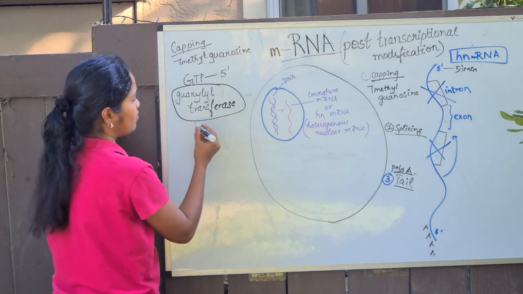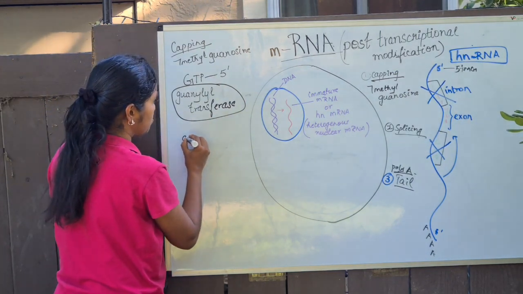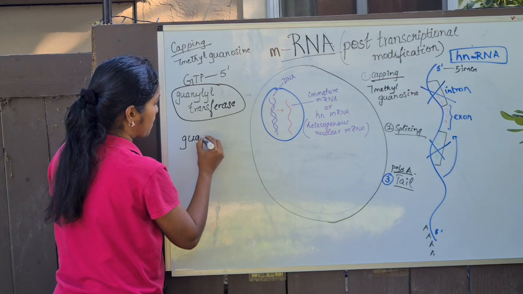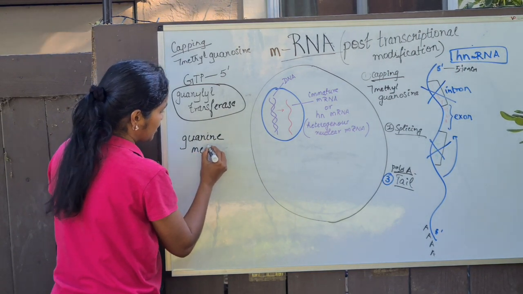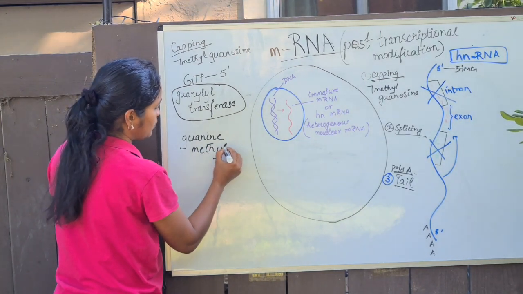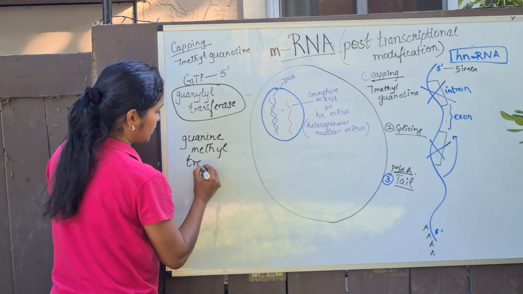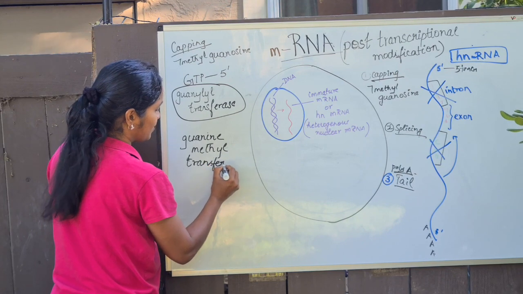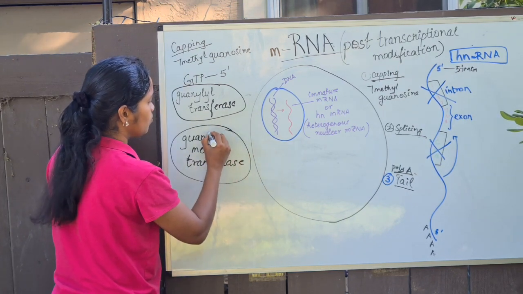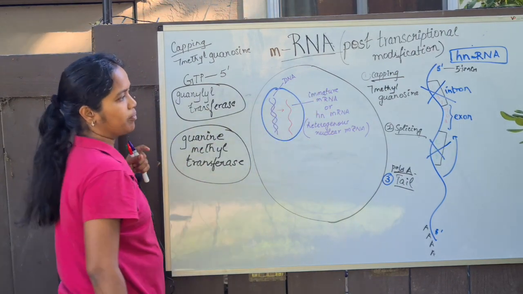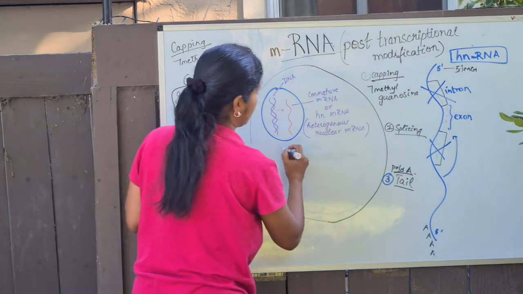Then, we have our methyl group transfer. That is by means of guanine methyl transferase. So, with the help of guanine methyl transferase, which is the second step, we have this capping. Fine. So, how does splicing happen?